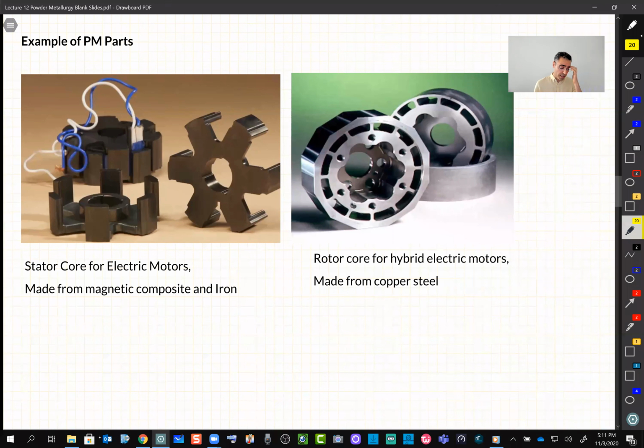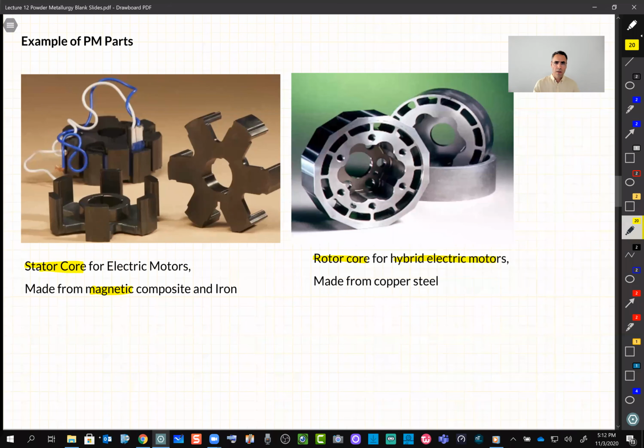Another example is the stator core of an electric motor, which is usually a magnetic material, and powder metallurgy is a way to make it. And on the right here, it's a core for a rotor in hydraulic electric motors made by powder metallurgy.